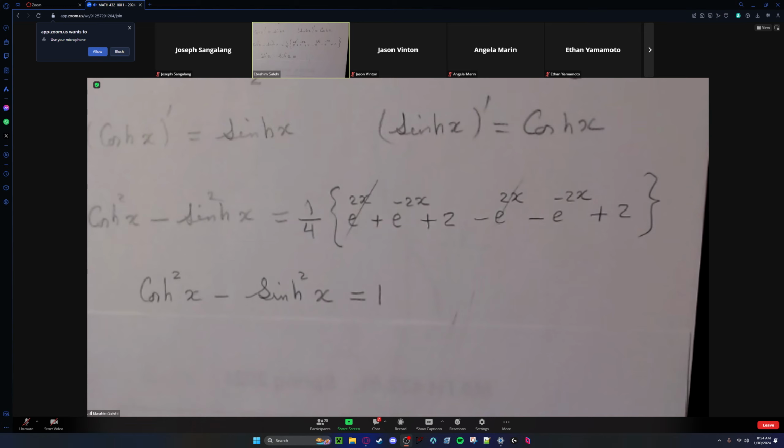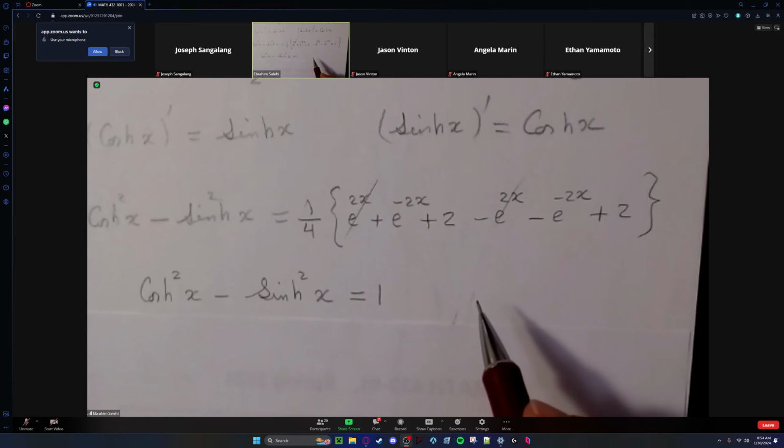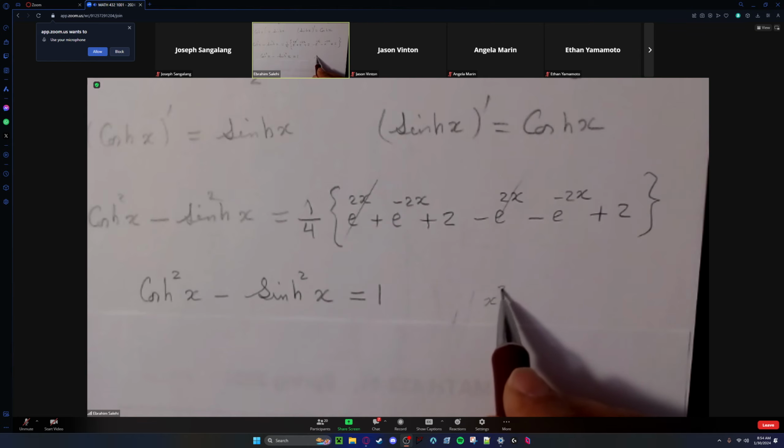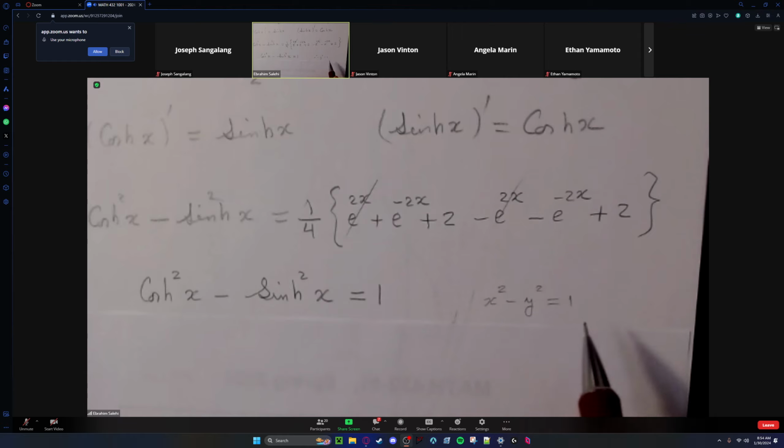Oh, that's why we call it hyperbolic functions, right? Remember the equation of a hyperbola is x squared minus y squared equal 1. Sort of, it's the simplified one.